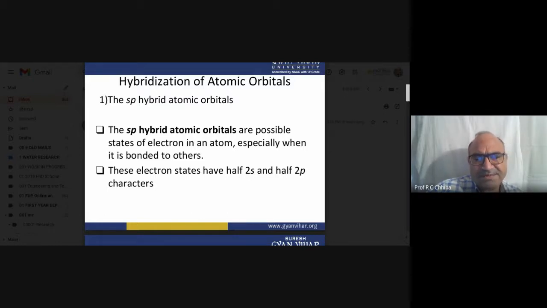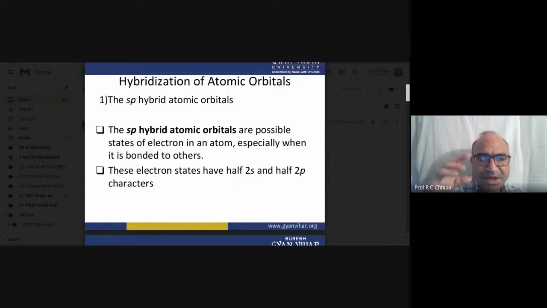How can we explain that this triple bond is formed? That can be explained only because of hybridization. So there are two carbon atoms, where each carbon has one 2s atomic orbital and a 2px atomic orbital.